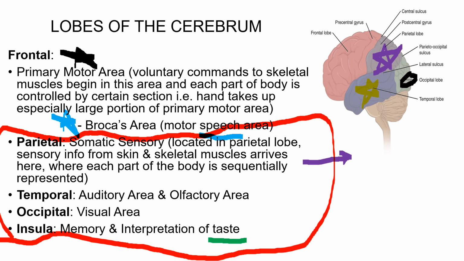So understanding what you're tasting. Is something salty? Is it sweet? Is it bitter? Is it spicy? All of those different types of taste sensations have to deal with the insula. So let's move on to the next slide and I'll show you what the insula actually looks like.